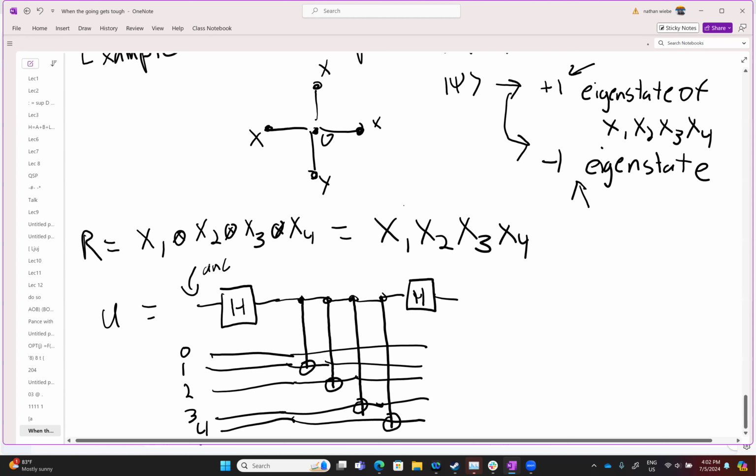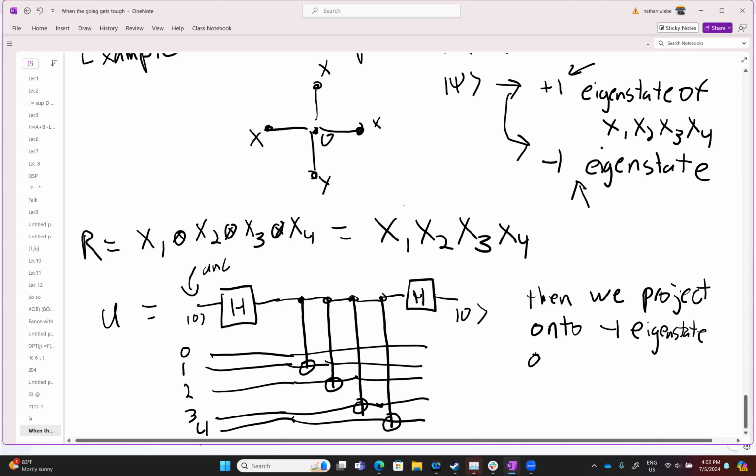Hadamard at the top. And in the event that we, from this, end up pairing this in 0, and then measured, for example, 0 being on the other side, then we would project onto the -1 eigenstate.